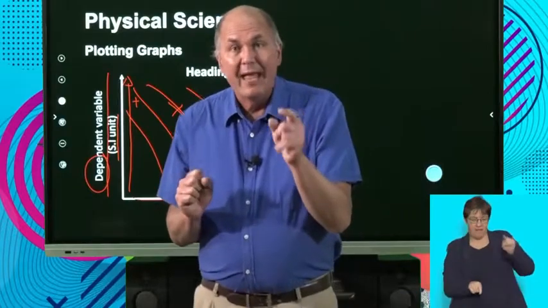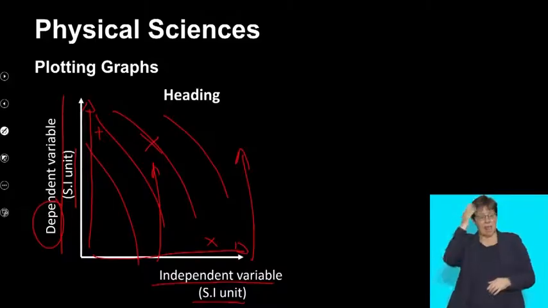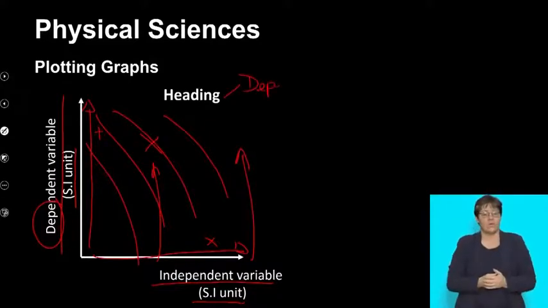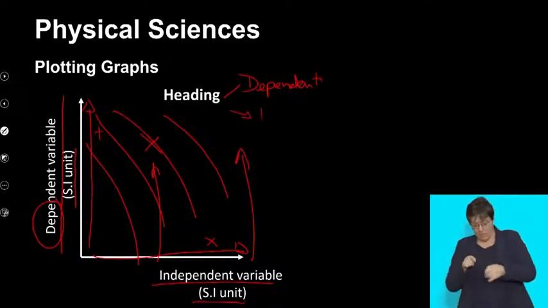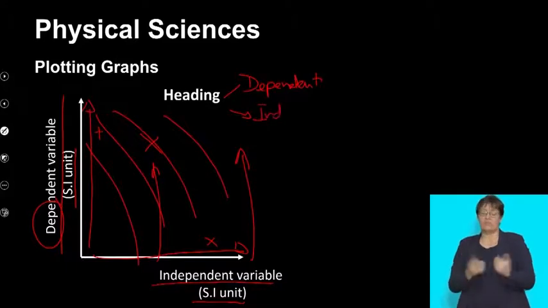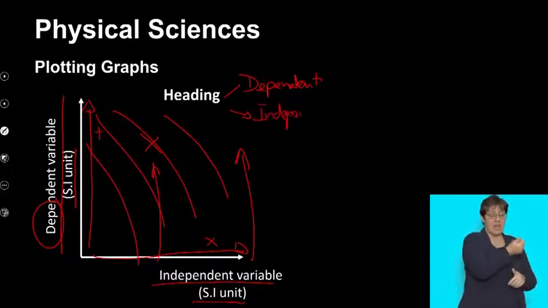So make sure you can identify the variables, and the heading will be described by something about the dependent variable and then in conjunction with the independent. So we usually say dependent variable first, then the independent.